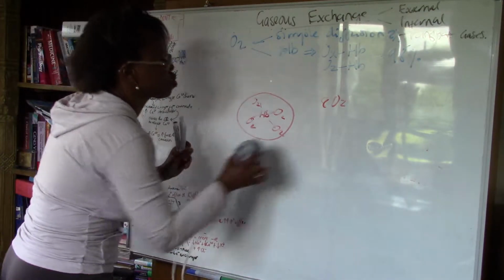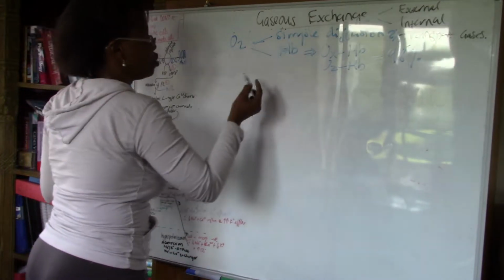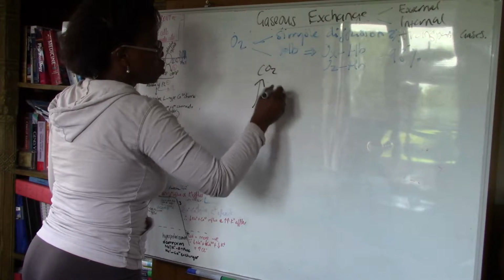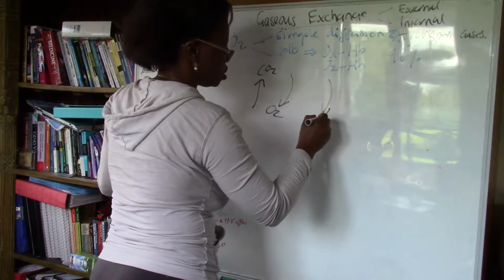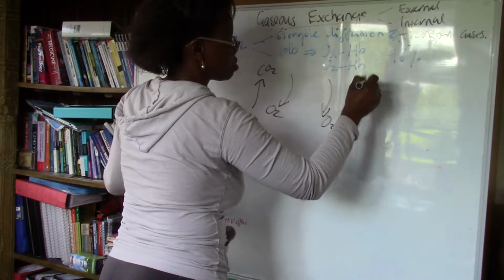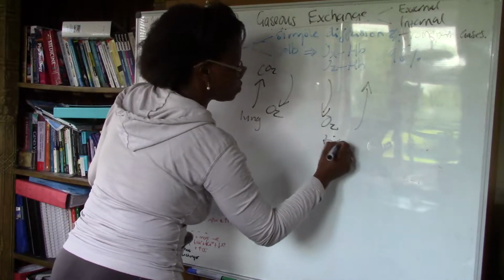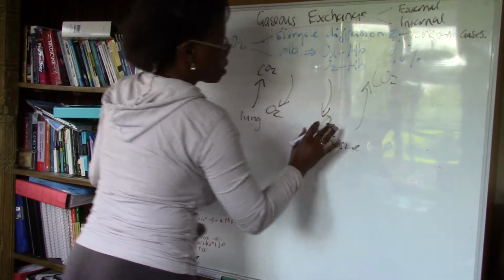And if we were to go back to gaseous exchange, as we lose carbon dioxide, we gain oxygen, and vice versa. As we gain oxygen in the tissues, we lose carbon dioxide. So this is lung tissue. We lose CO2.